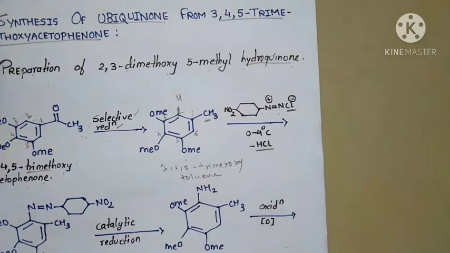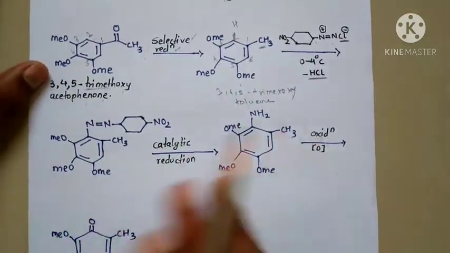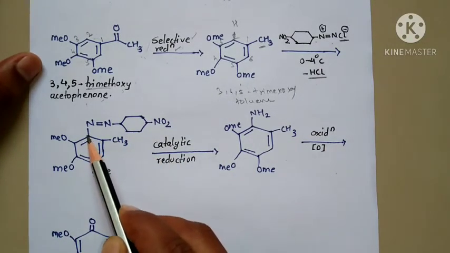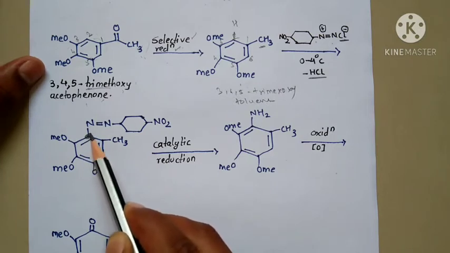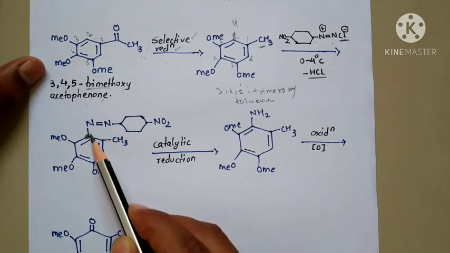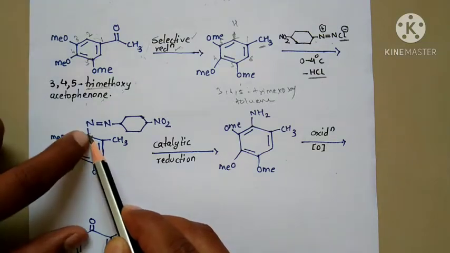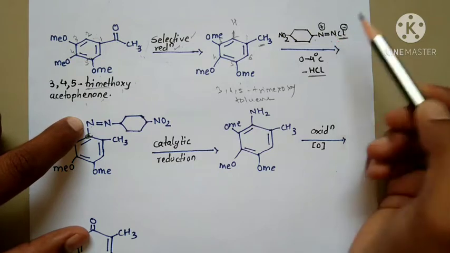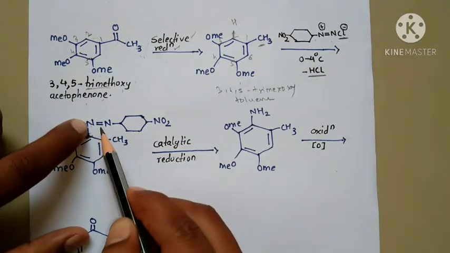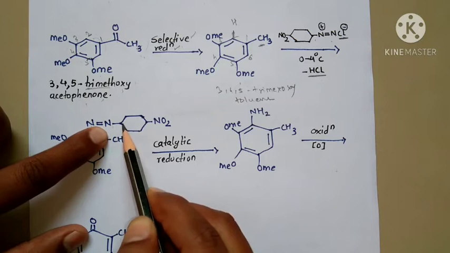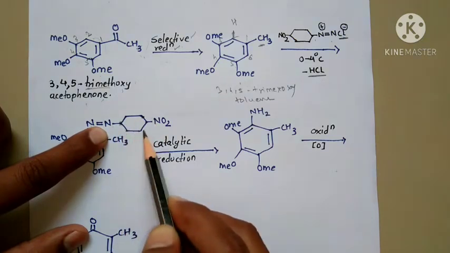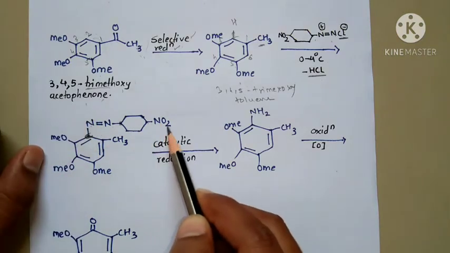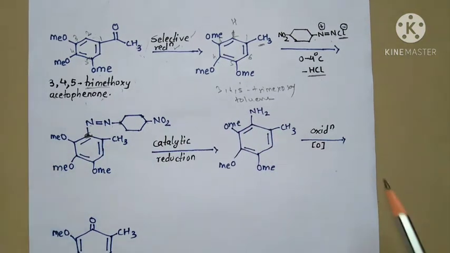After diazotization, the carbon atom, after removal of HCl, your carbon is bonded with nitrogen, and nitrogen is again double bonded with nitrogen, and the cyclohexane ring, and at the para position has a NO2 group, nitro group.